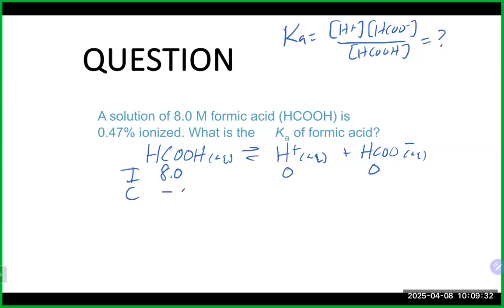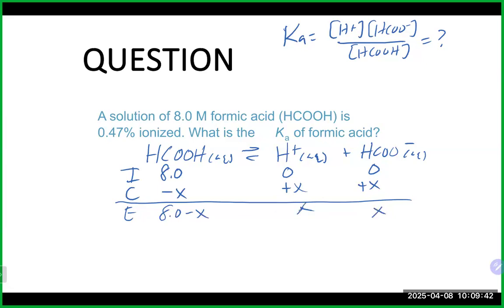Change will be like normal, minus x, plus x. That means at equilibrium, 8 minus x, and x. So a normal ICE table. Normally we would put it into the expression and solve for x, but in this case, we don't know what the Ka value is.